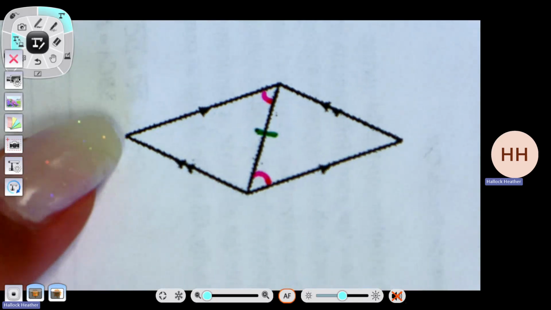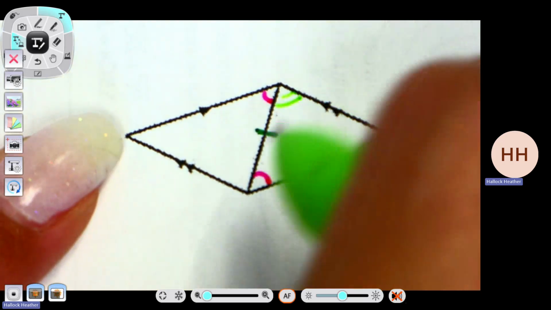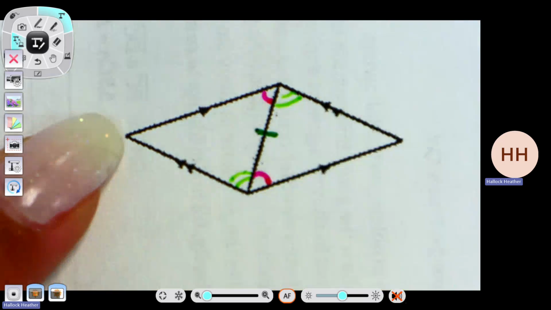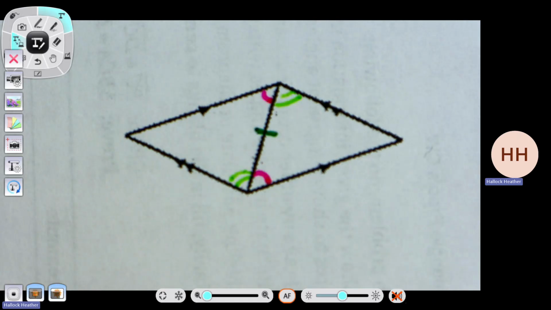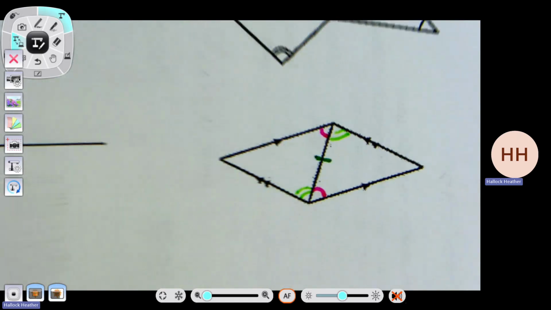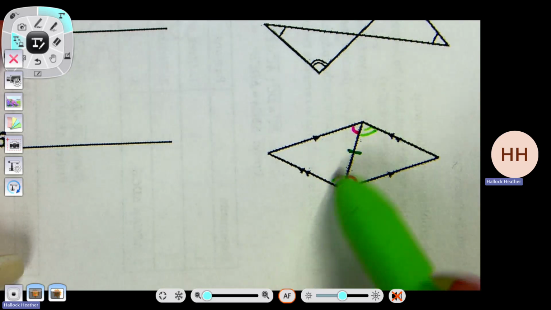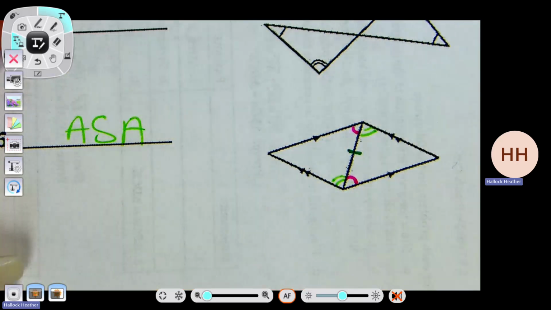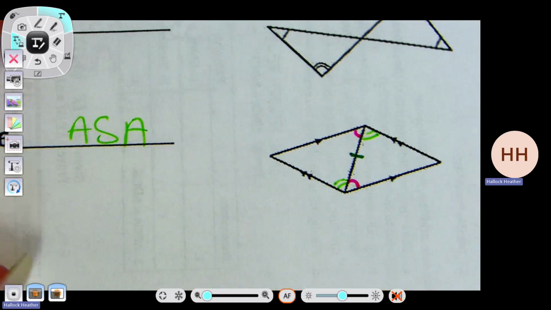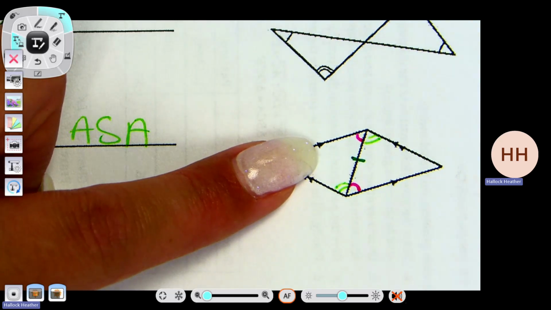You can say this one is congruent to this one because of alternate interior angles. So it is not side, side, side. It's angle, side, angle. Because the parallel lines are there, the angles match, and the side matches because of the reflexive property. People think the little triangles are sides. That's not a tick mark, that's an arrow saying that they run parallel.